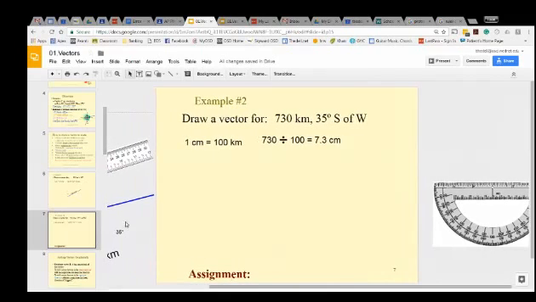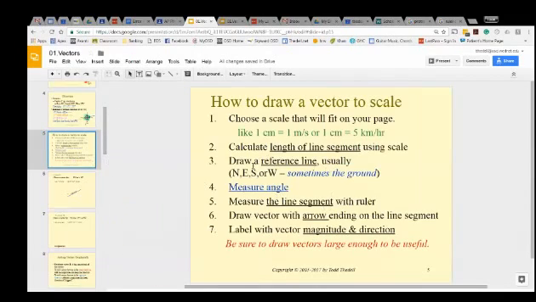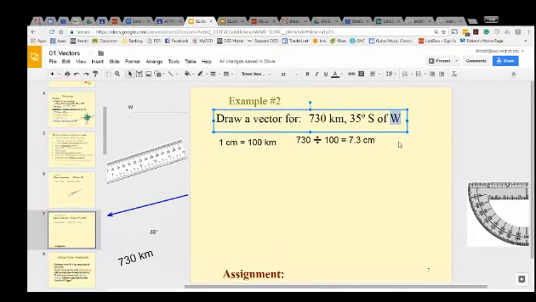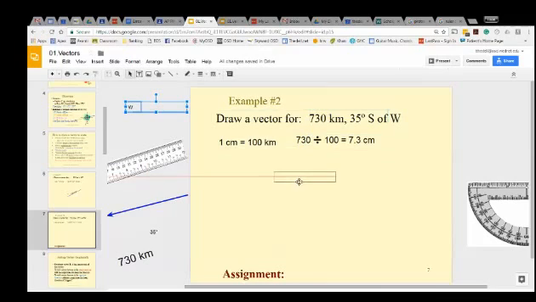The next step would be to draw the reference line. My reference line in this case is the west. The west is the reference line because we're going to move 35 degrees south of the west line. So I need a reference line of west. I'll just put it right there in the middle of the page, starting from this end, going towards the west.